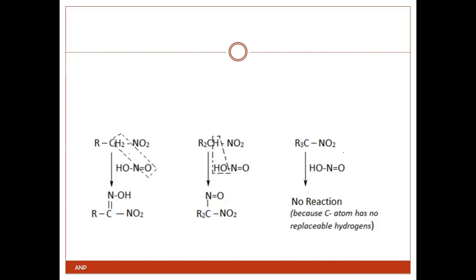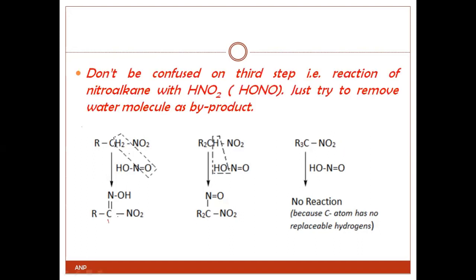Just try to remove a water molecule as a byproduct. So you will get nitrolic acid, secondary alcohol gives pseudonitrole, and the reaction is not possible with the tertiary alcohols because the carbon atom has no replaceable hydrogens.